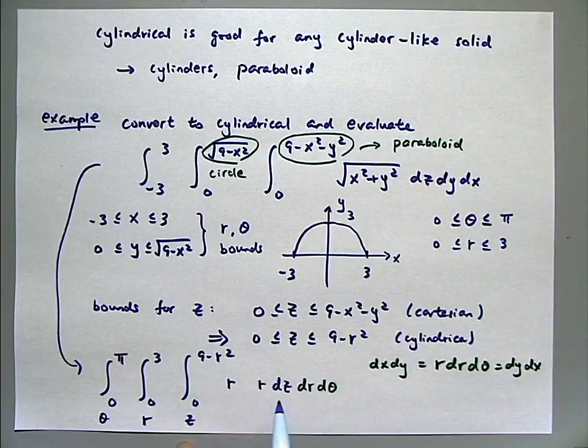And then we have dz first, dr next, d theta last. All right, so you look at this integral here. This is pretty easy. We can actually integrate that very quickly. Whereas the Cartesian one, we would have a lot of trouble.